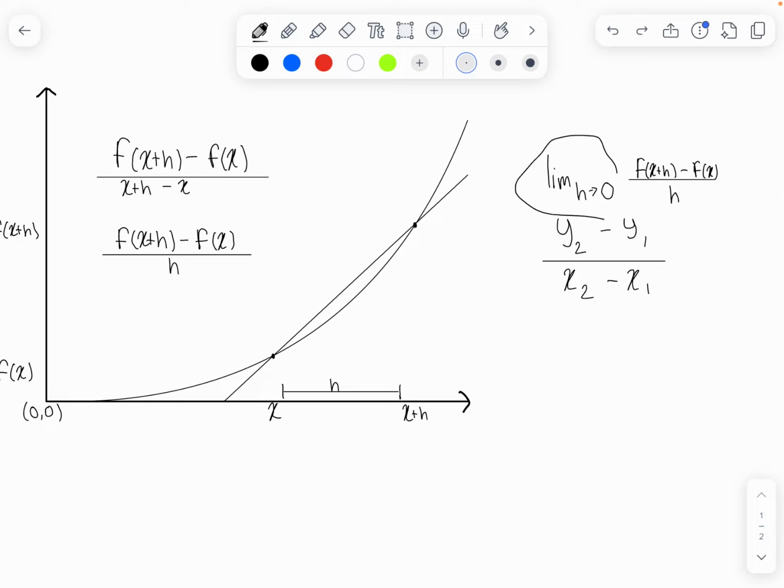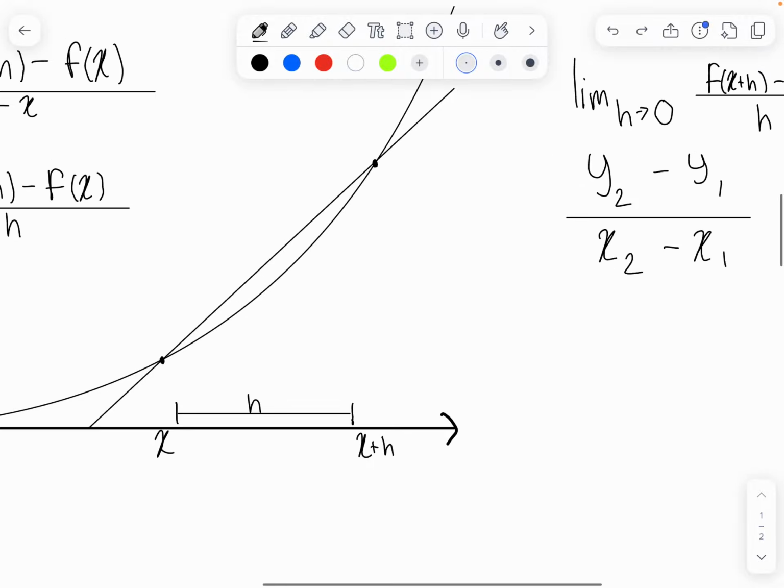But what is this part of the derivative? Well, we need to understand what h is. h is the distance from these 2 points.